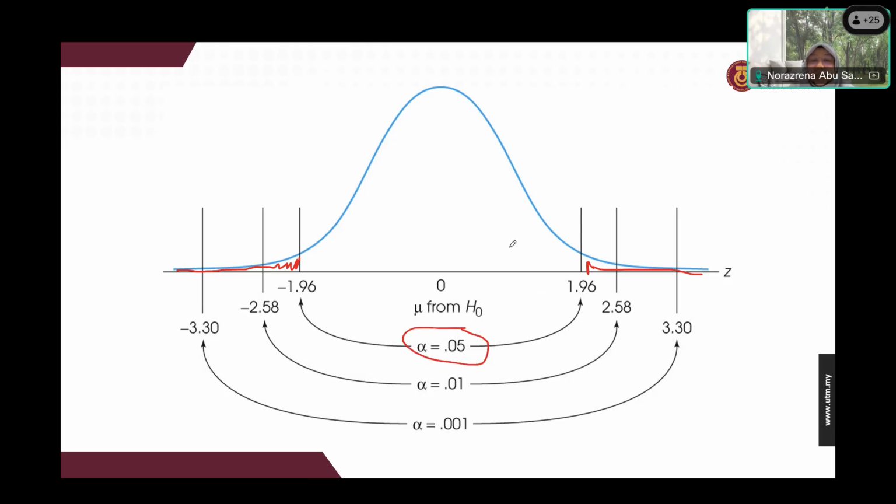It means that if the value falls here in the significant difference area, it means that there is a significant difference between the sample and the population. That's why if it is less than 0.05, either on the right or on the left, there is a significant difference. That's how we find out about that.